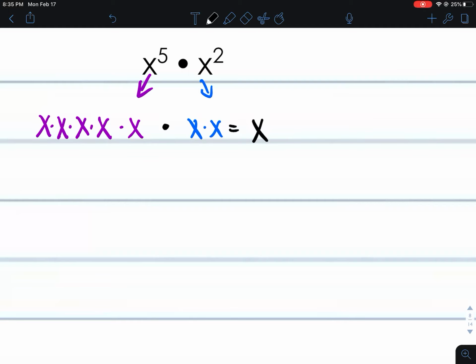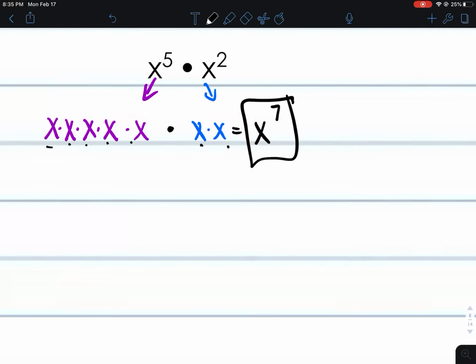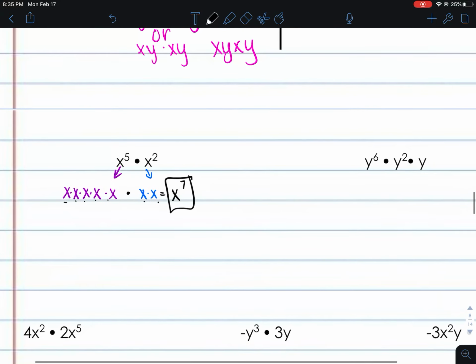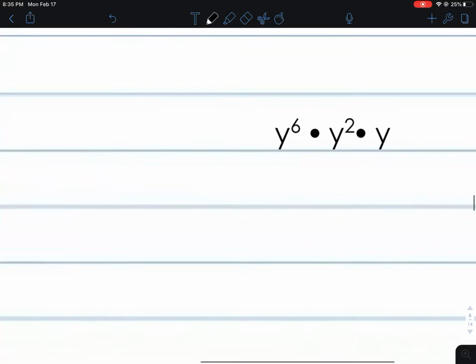We have x, putting them all together, 1, 2, 3, 4, 5, 6, 7. So x to the 7th. So that would be the simplified answer. And we know it's simplified because we only have one x in our answer, and the exponents are positive. Okay, so that's kind of the intro.